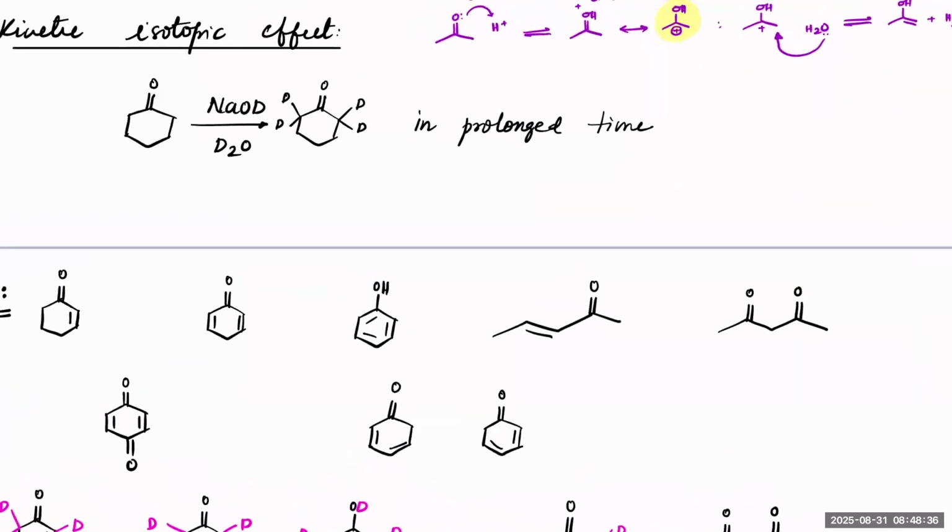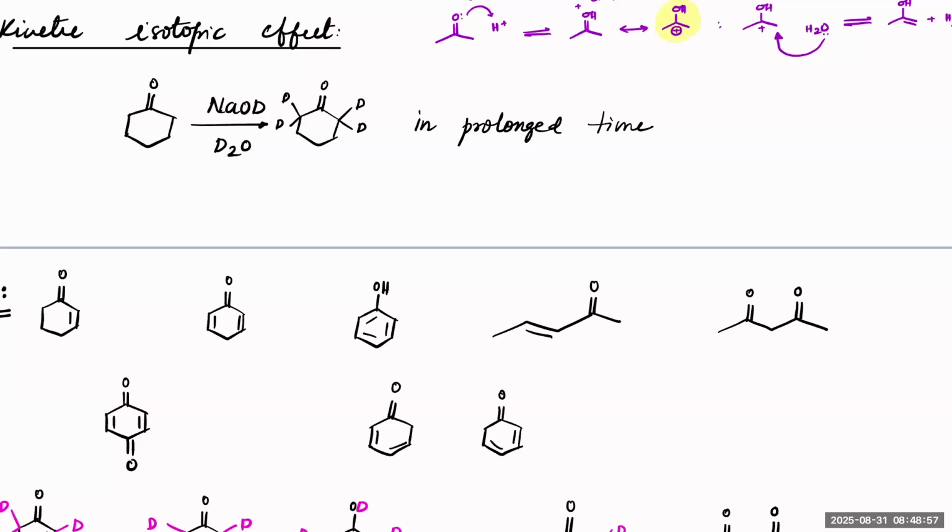Next thing is tautomerism always shows the kinetic isotopic effect. What do you mean by that? If you have this ketone, for instance, you react with a basic group like OD minus in the presence of D2O.